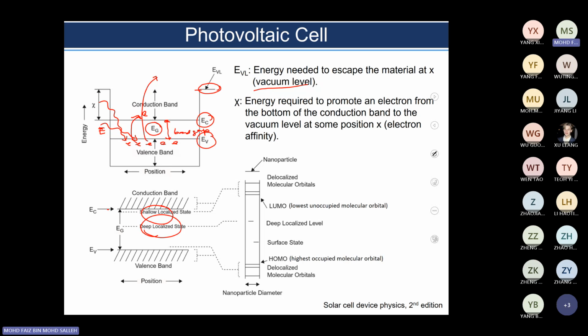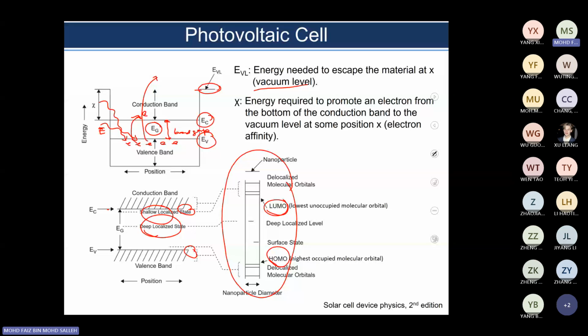And if we go to a smaller world, for example a molecule, EC we call LUMO, and EV we call HOMO. LUMO means the lowest unoccupied molecular orbital. HOMO is the highest occupied molecular orbital. But you can consider the picture the same as EC and EV at a small scale.